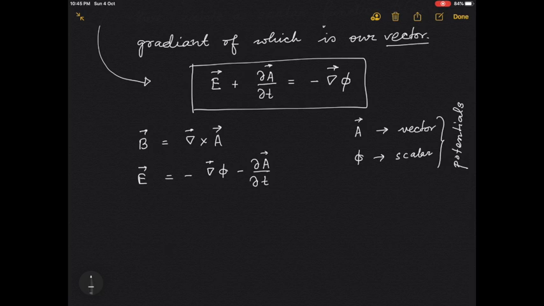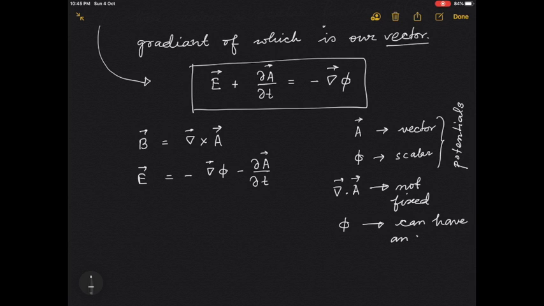You see, still remember that divergence of A is not fixed, and phi can have an additive constant. Phi can have an additive constant because only grad phi is appearing here.